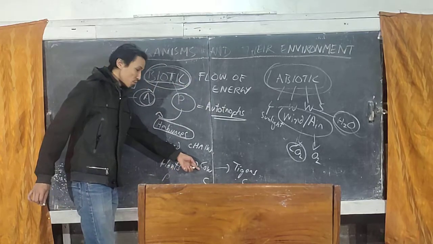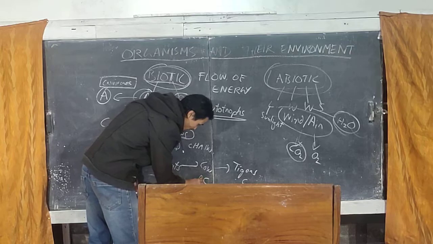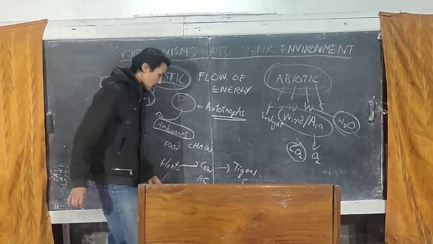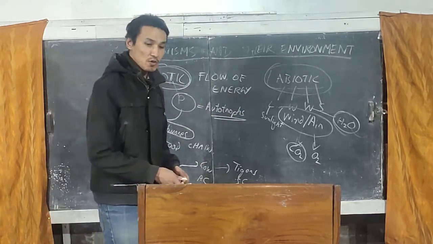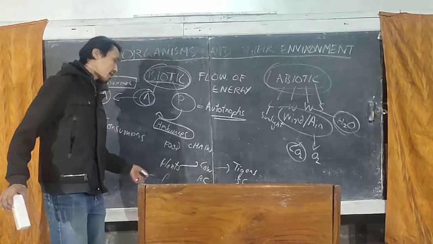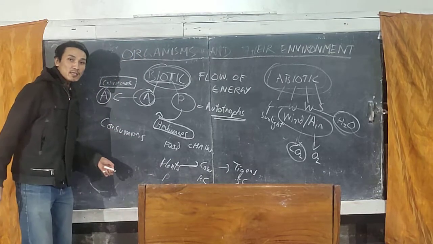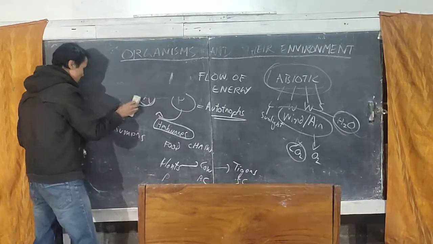Since there are two consumers, the consumer directly depending on the plants is known as the primary consumer, and the tigers, which depend on the cows, are known as secondary consumers. These things you already know. Now there are many different types of food chains, and when the food chains are interlinked or intermixed, it leads to the creation of a food web.